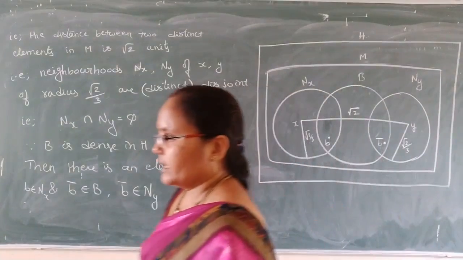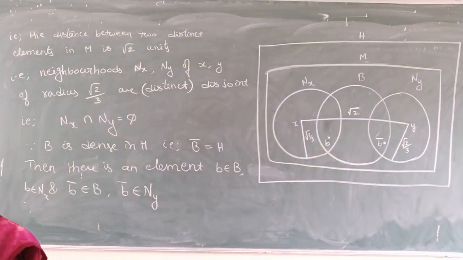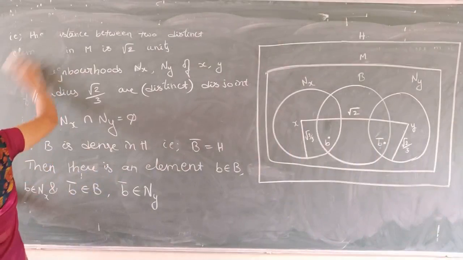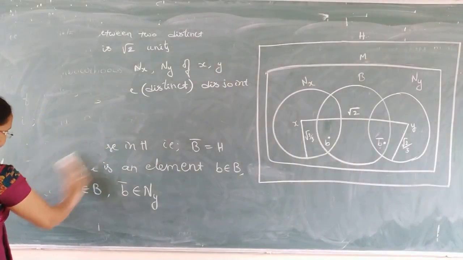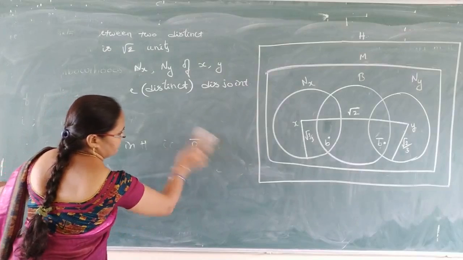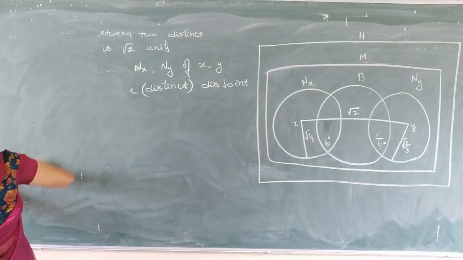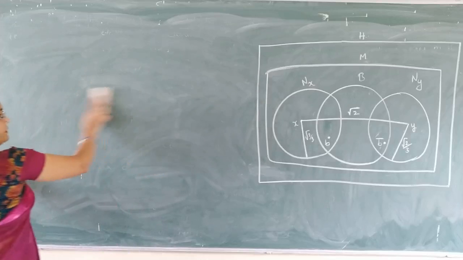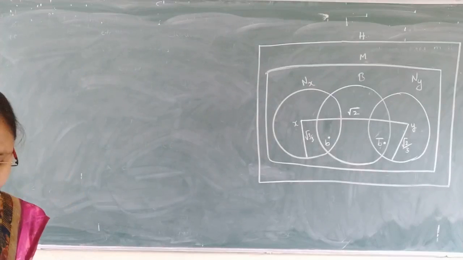Next lines. Here our aim is to show M is countable. We have to show this condition is reversed, that is, if possible M is uncountable, then what will happen? We will check it. See, next lines.